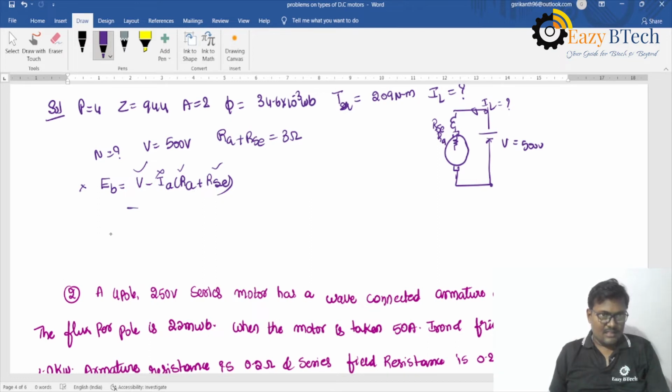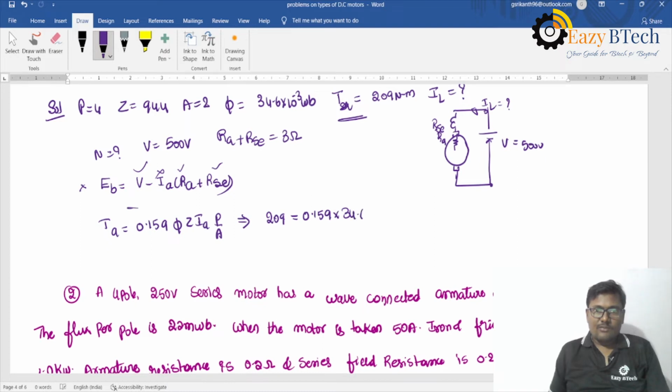Let us check it. The armature torque is equal to 0.159 into phi into Z into Ia into P by A. From this you can calculate Ia. The armature torque is given, that is 209. So 209 is equal to 0.159 into phi, which is 34.6 into 10 to the power minus 3, the total number of conductors is 944, and Ia I have to calculate.